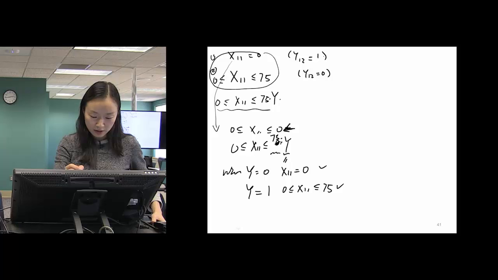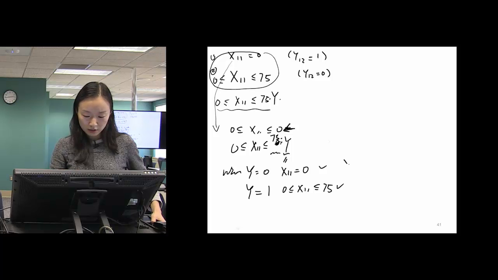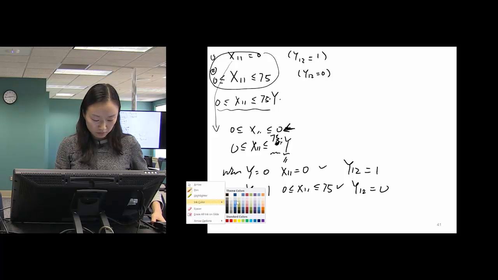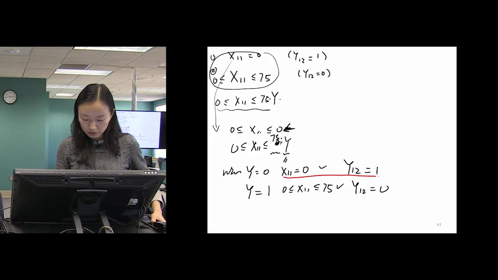Then can we use the same one? Can we use the same y to link x12? Because we put it here already, right? Your x12 is 1 in this case, defined by the early relationship. So this is one relationship we defined earlier.